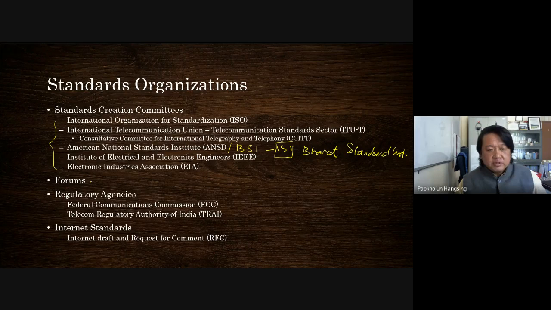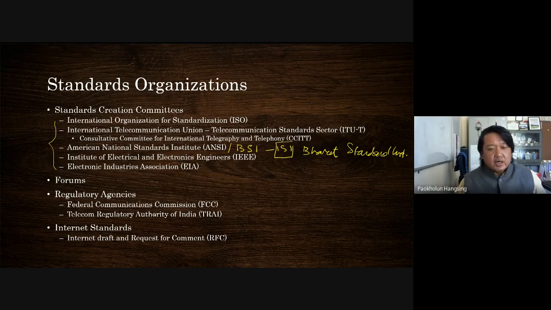Then after that, you have regulatory agencies. For example, in America, you have Federal Communication Commission, which is responsible in the protection of the public interest by regulating the radio, television, and wire or cable communication.